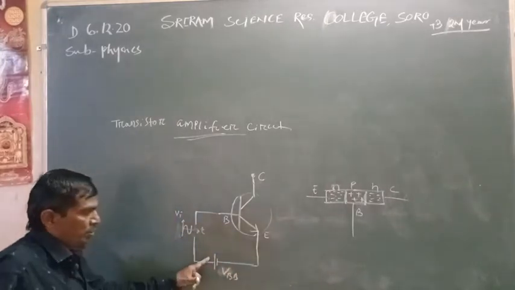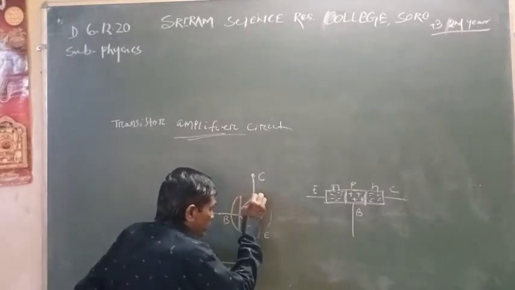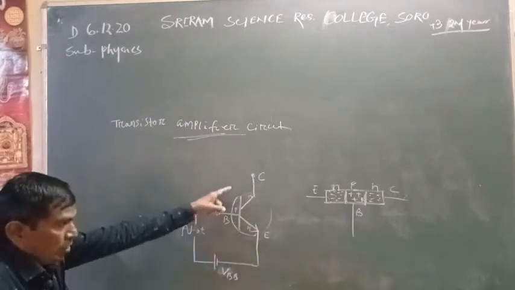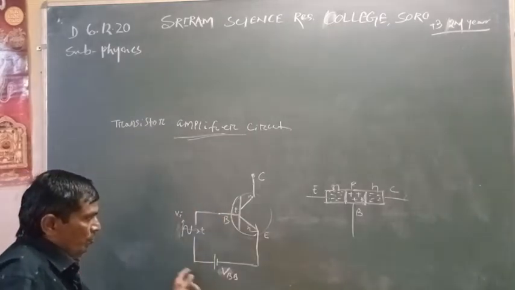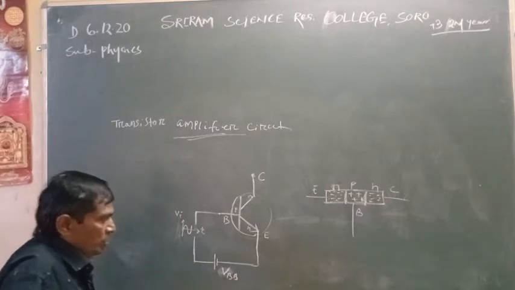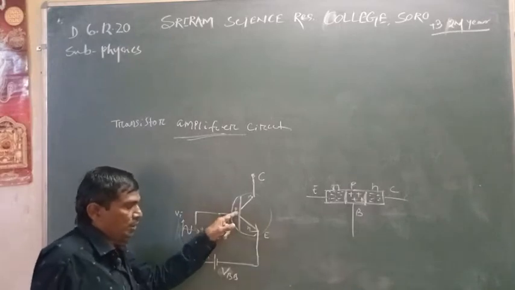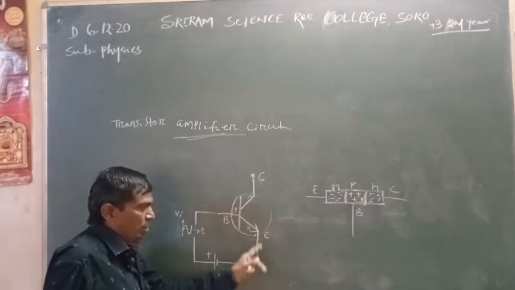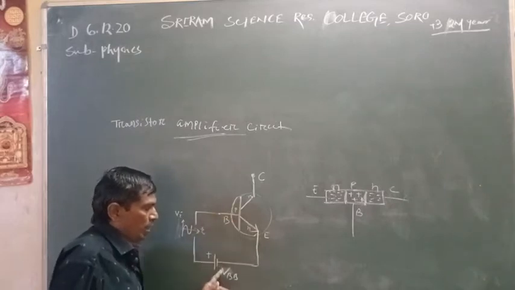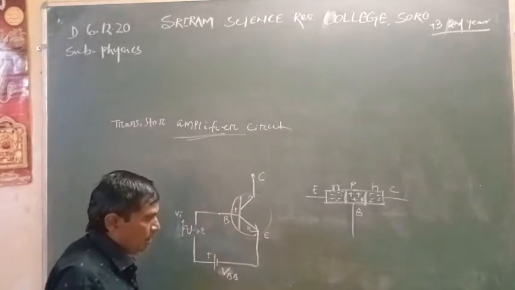Here the positive is connected to the base, in the NPN transistor. This is N, this is P and this is N. The P is connected to the positive terminal of the battery, so positive is connected to P, the base, and negative is connected to N. Positive connected to P and negative connected to N, so this junction is forward biased.